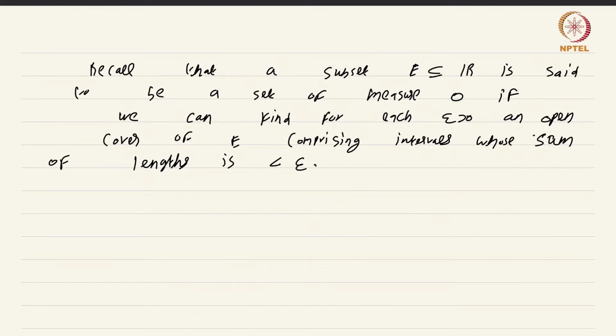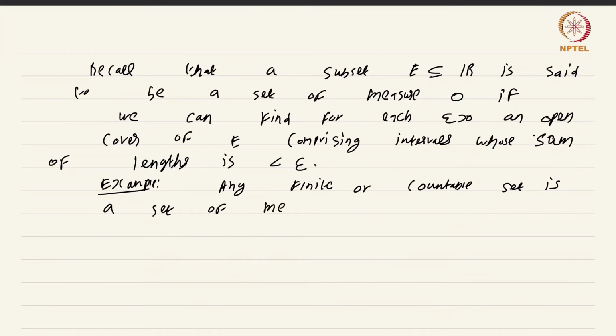Basically, these are sets that are negligible in some sense. Just for the sake of clarity, as an example, you can show that any finite or countable set is a set of measure 0, and any interval of positive length, that is any interval which has an interior point, will not be a set of measure 0. If you can solve these two now, you are good to go for what is to come.